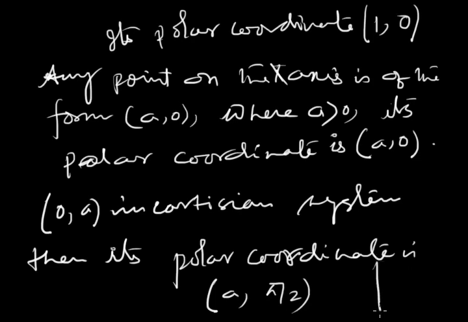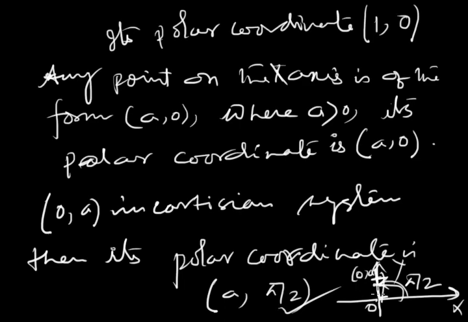Since here a point with coordinate (0, a) lies on the y-axis, and this makes an angle pi by 2 with the positive direction of the x-axis, and its distance from the origin is obviously a unit. So its polar coordinate is (a, pi by 2).